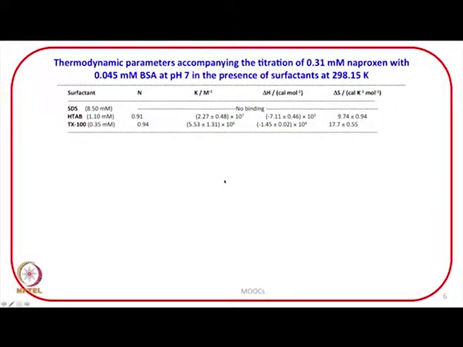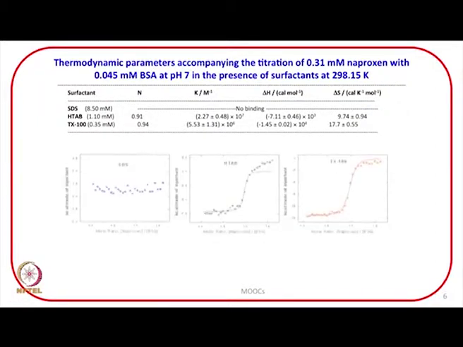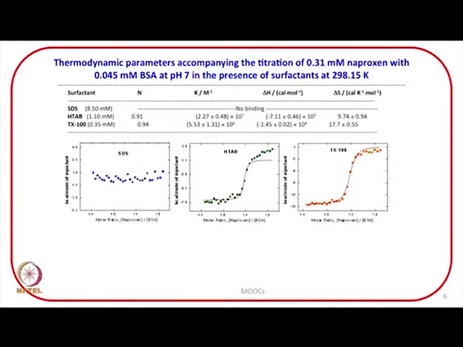Let us first take a look at this table. The table gives the thermodynamic parameters associated with the binding of naproxen with serum albumin in presence of surfactants. CTAB is a cationic surfactant.